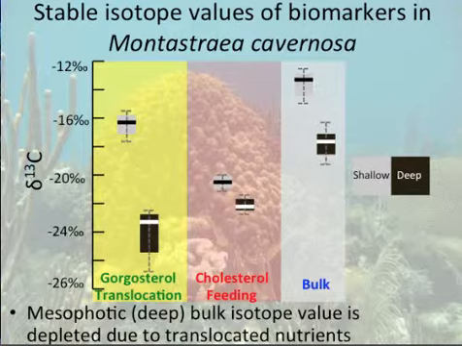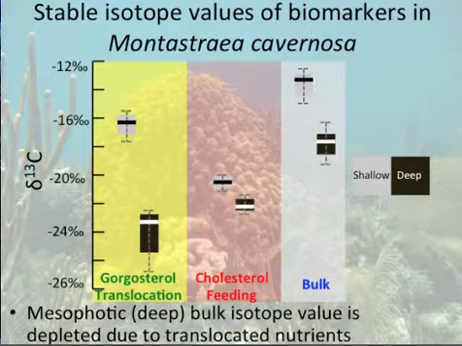So if we can identify what the sources are and look at those isotope values, and then look at the isotope values of the bulk, we can see what the bulk is made of, and where these nutrients are coming from. So it's a nice way to track what an organism essentially has been eating, or what it's been getting via translocation.